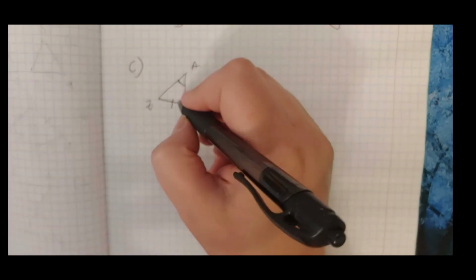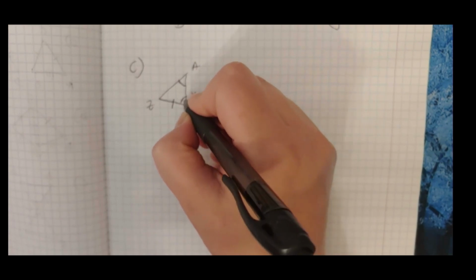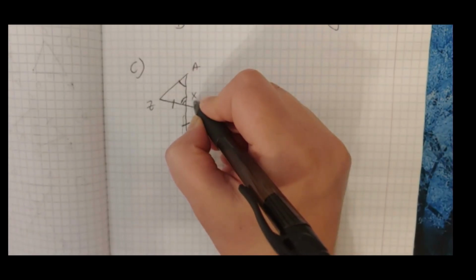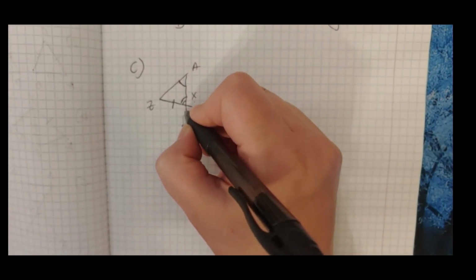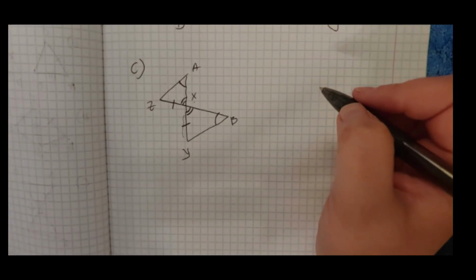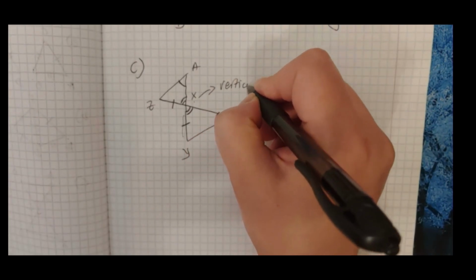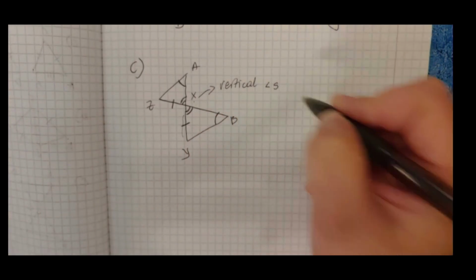I can add from myself that the angle with vertex X in the first triangle is congruent to the angle with vertex X in the second triangle. Why? Because they are vertical angles, right?